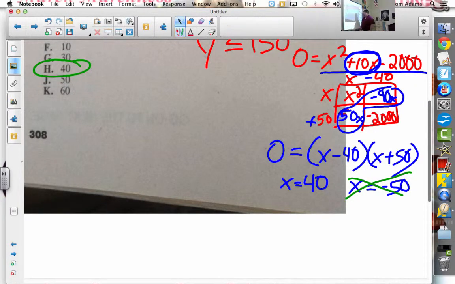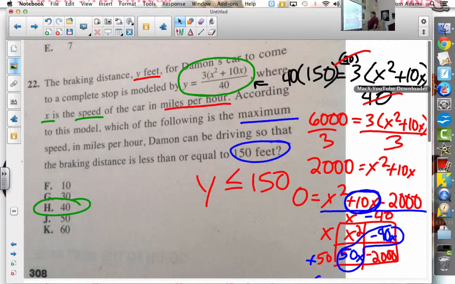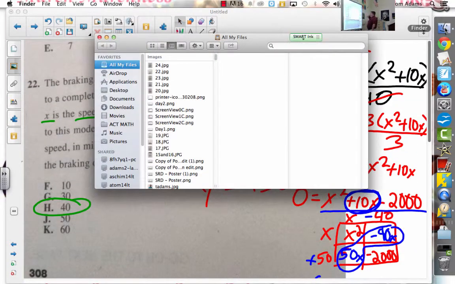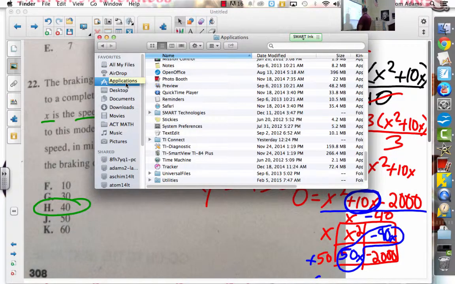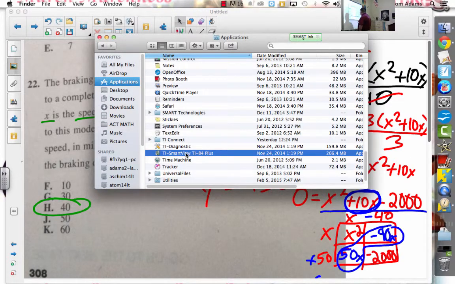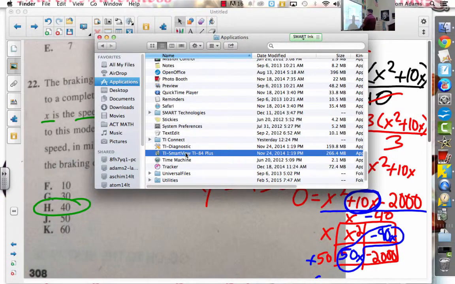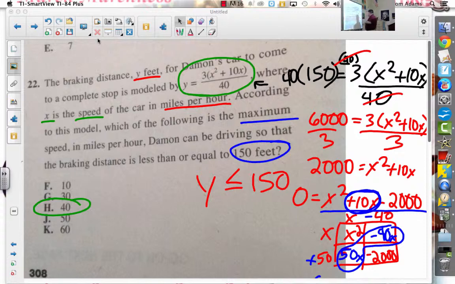Now to double check that on the calculator, it would go a little quicker if we use the calculator. So let me just pull up my calculator real quick. I thought I had that on my desktop. Oh well.